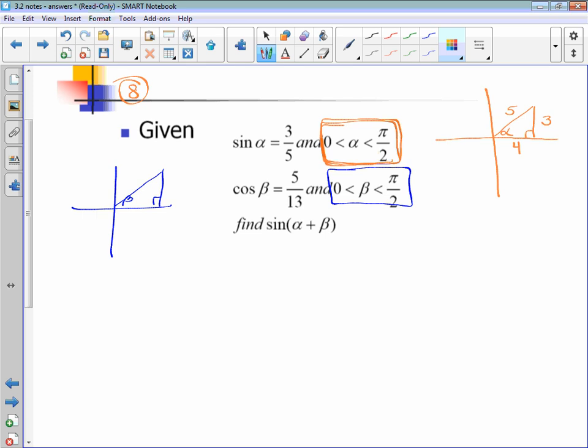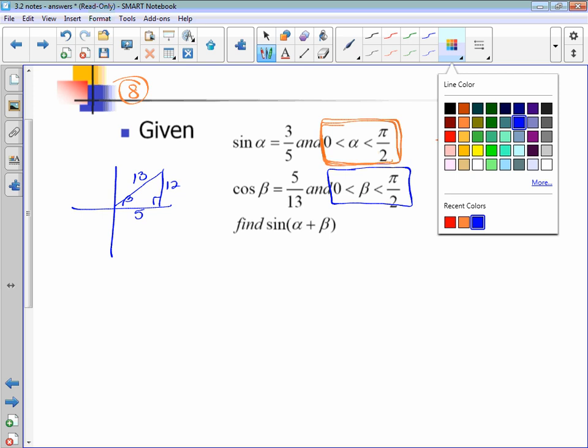That means I know my adjacent leg and my hypotenuse. So adjacent is 5, hypotenuse is 13. What is that other side? 12. Good. That's a common right triangle. If you don't know it, you can always use the Pythagorean theorem to find that missing side. All right, we've got everything labeled.